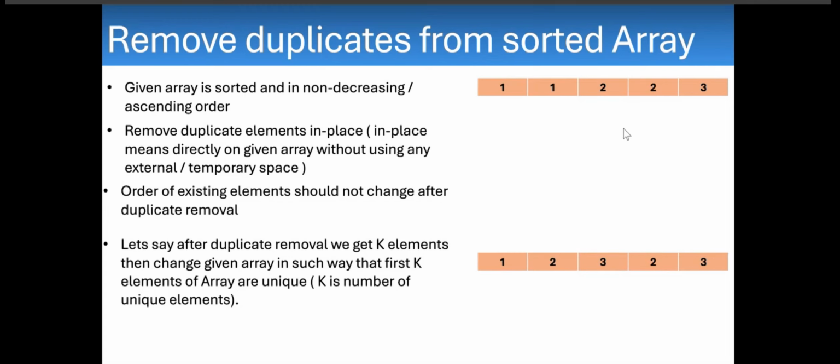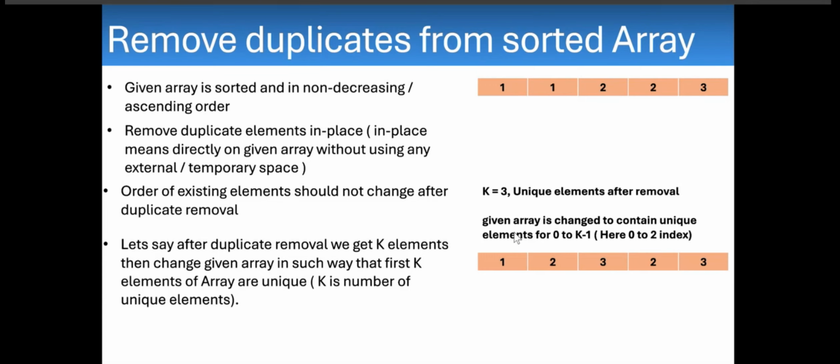Now, we need to place these 3 unique elements in the given input array itself, so that it contains the three elements 1, 2, 3, which are unique, placed at indices 0 to k minus 1. Here, 0 to 2 index, right? The problem statement here is a little bit confusing.